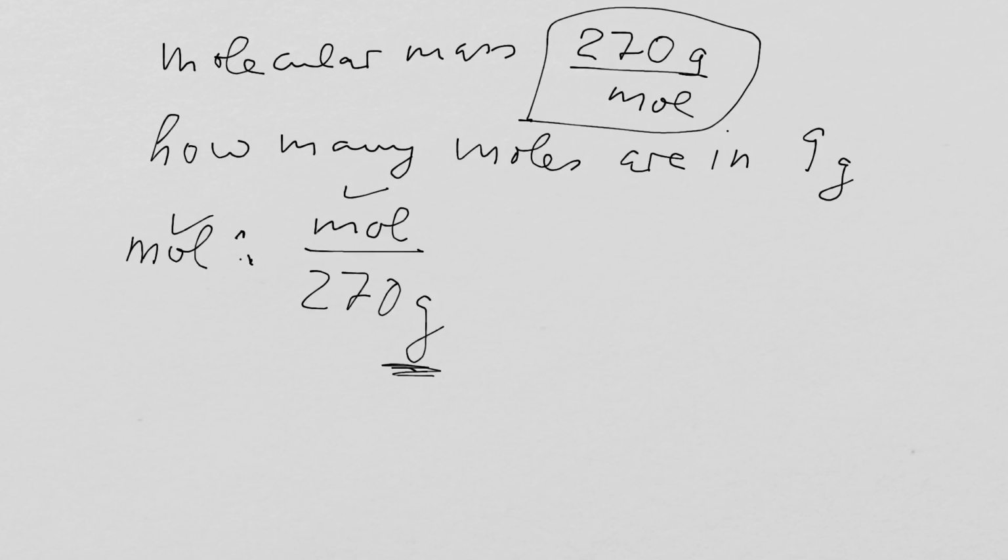It is the 9 gram times 9 gram. What happens to the grams? They cancel out. What's the unit that's left? Mole. And that's exactly the unit that we want.